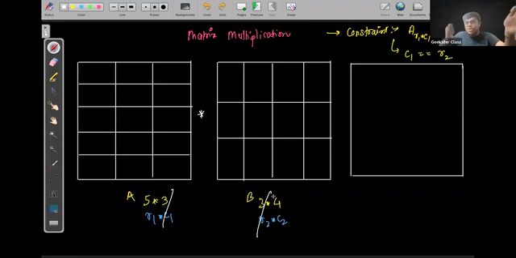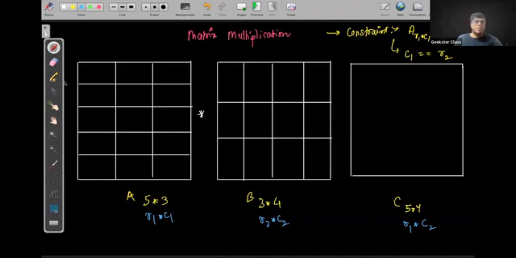Resultant will be R1 cross C2, rows in first into columns in second. Cancel out the common dimension, and remaining two dimensions will be the resultant. Is it clear?